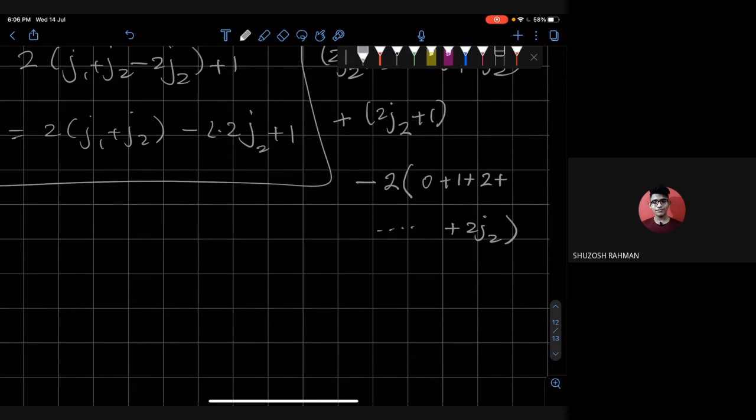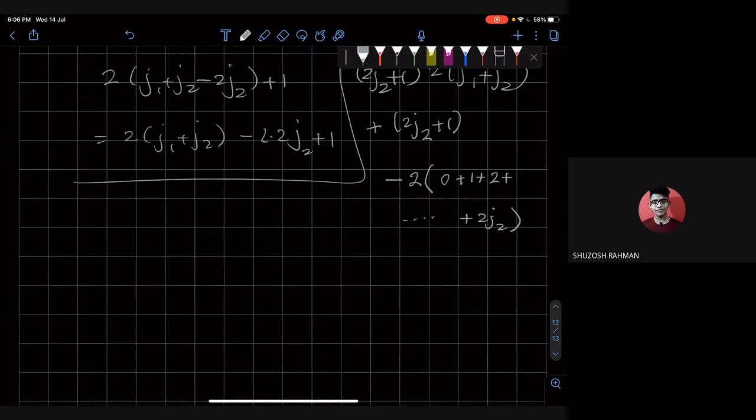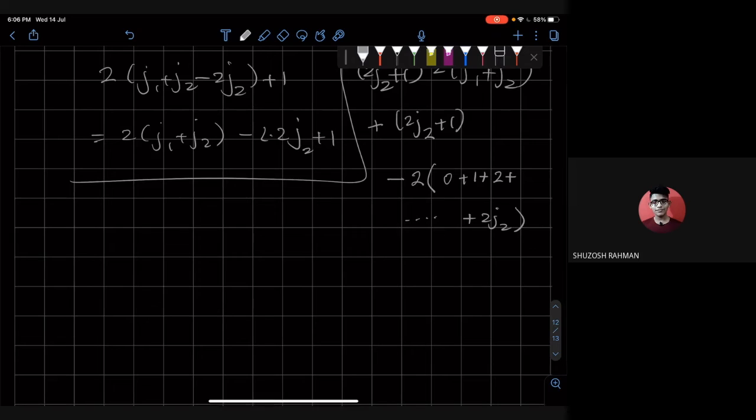So now, if I look at the expression for the sum of an arithmetic series, what is it? It's basically telling me how many terms there are. We can ignore the first one, of course. Then we have 2j2 terms, right?